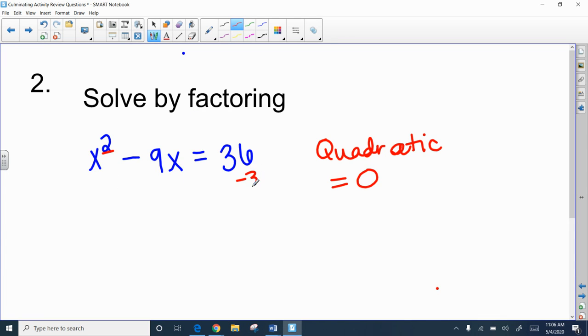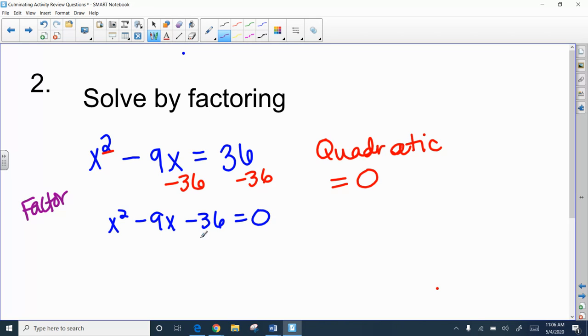So to do that, I'm going to subtract 36 from both sides. So then we have x squared minus 9x minus 36 equals 0. Now I should be able to factor this left side here. I'm looking for numbers that multiply to be negative 36 and add up to negative 9. So the numbers I can think of are 12 and 3.